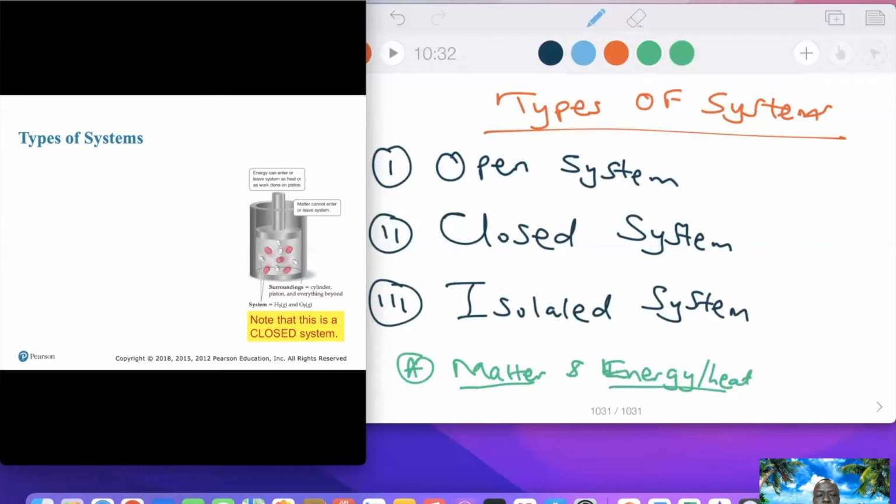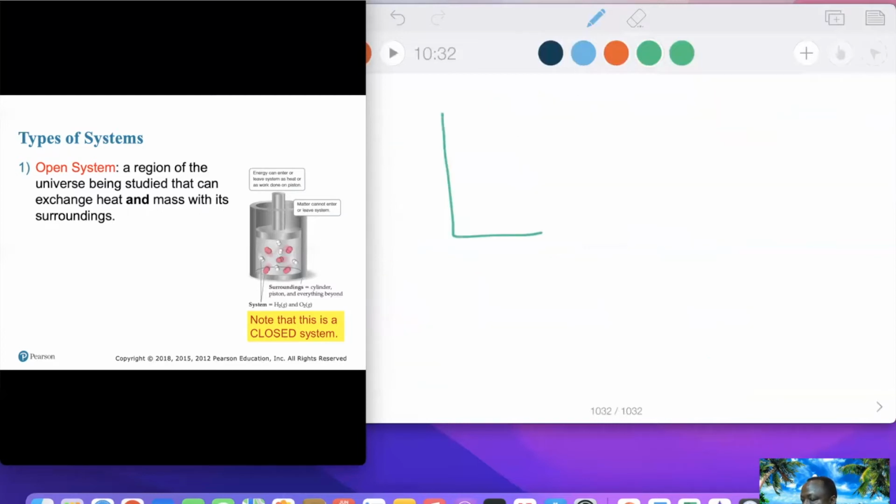An open system is a region of the universe being studied that can exchange heat and mass with the surroundings. For example, if you boil water, H2O, it will lose mass.